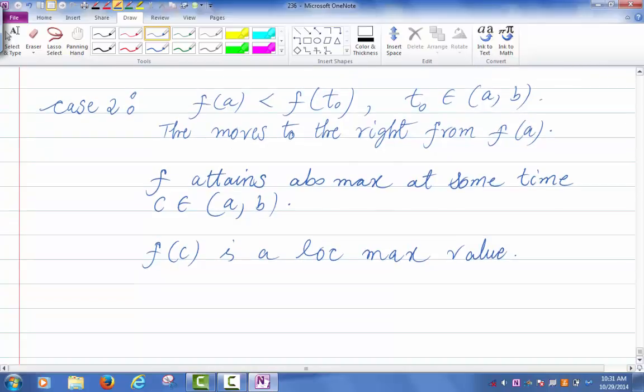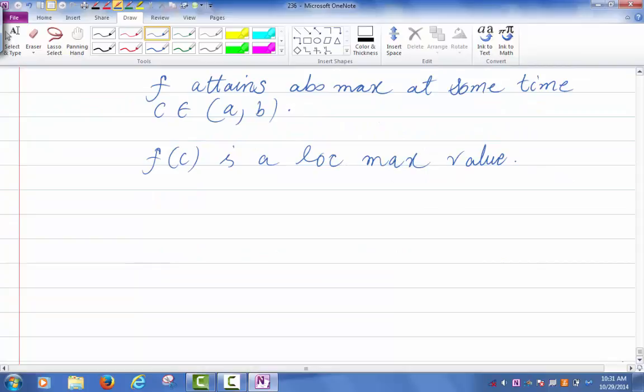And if it is a local maximum value, what do we know? We know that the derivative of the function at c should be what? Remember, if I have a local maximum value at c, and the derivative exists at c, then I know that c has to be a critical point where the derivative is 0, right?